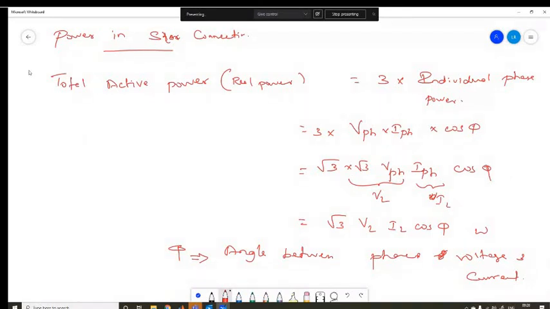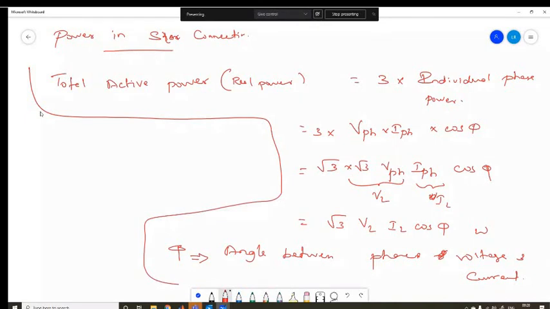Now in the same way, if you are talking about the total reactive part, this will be root 3 VL IL sin phi.